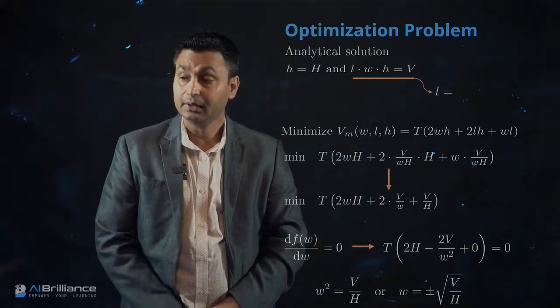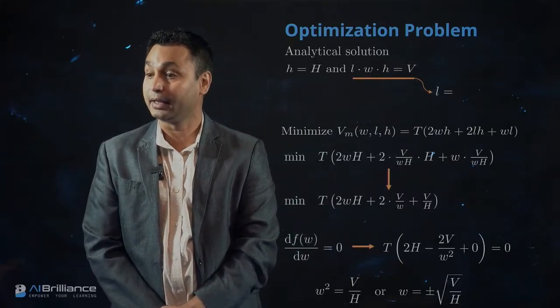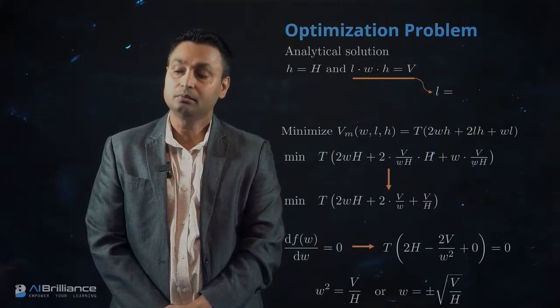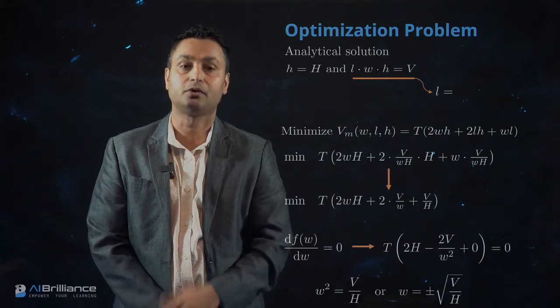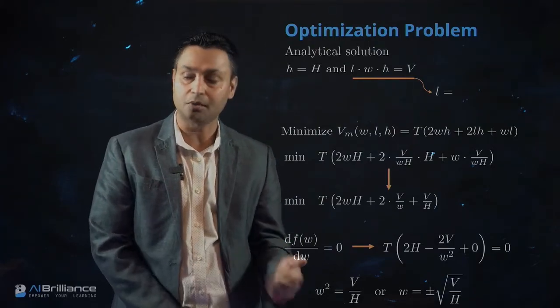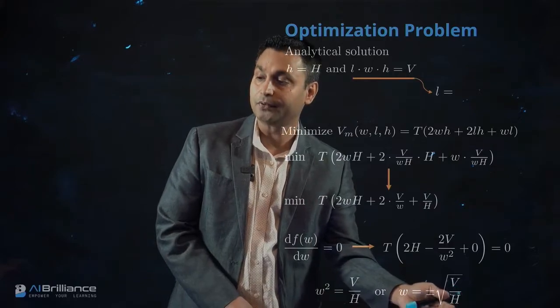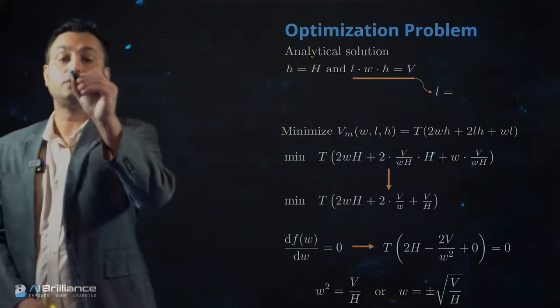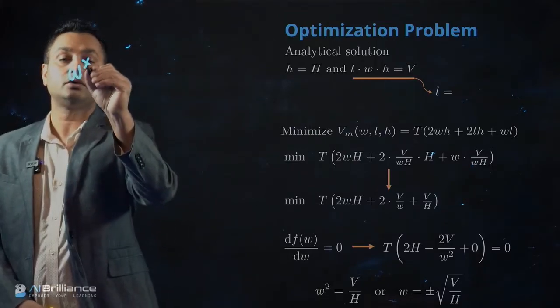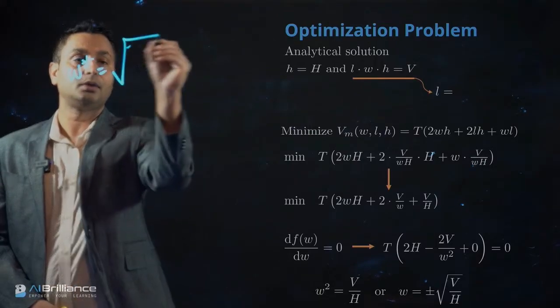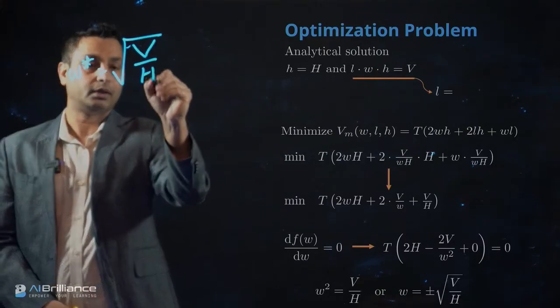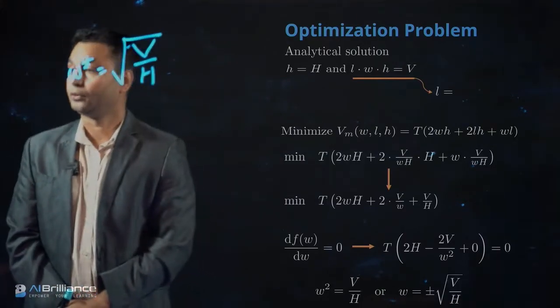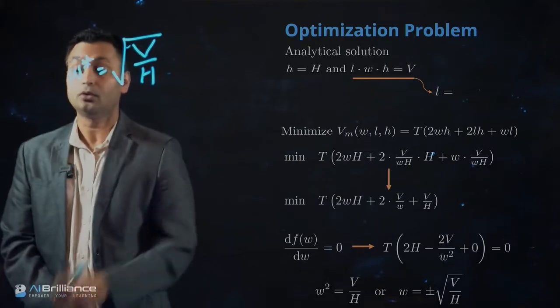Now it turns out that we will not have negative dimension, because w has to be positive, because the width of the tray has to be positive. It could not be of negative dimension. So that's why we will neglect the negative sign, and the overall solution, which we term as the optimal solution, or w star, is going to be equal to the square root of capital V over h.